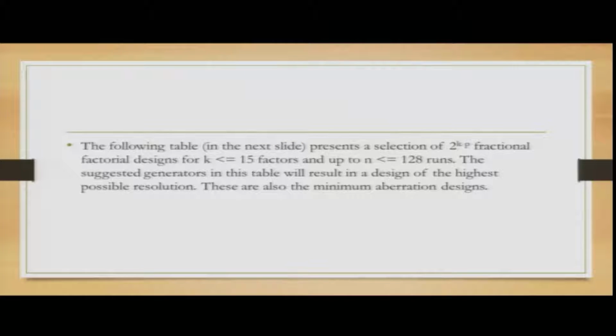The table presents a selection of 2 to the power k minus p fractional factorial designs for k less than or equal to 15 factors, up to about 128 runs depending on n. If you remember, each factor had samples.